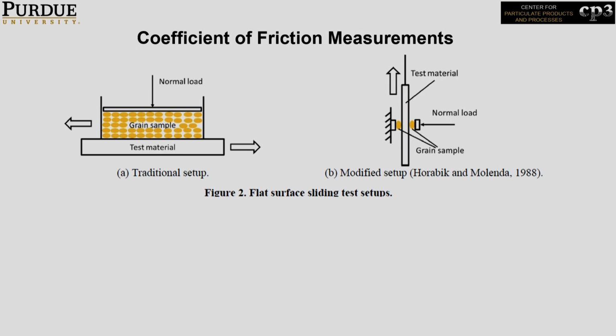So some others modified it a little bit. They attached the grains of the material that you wanted to measure the friction on. Instead of moving those, you move the test material through those grains. Then you a little bit avoid the effect of rolling or moving of grains when you measure the friction.